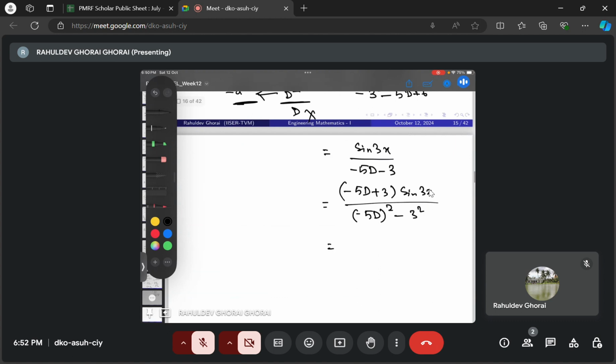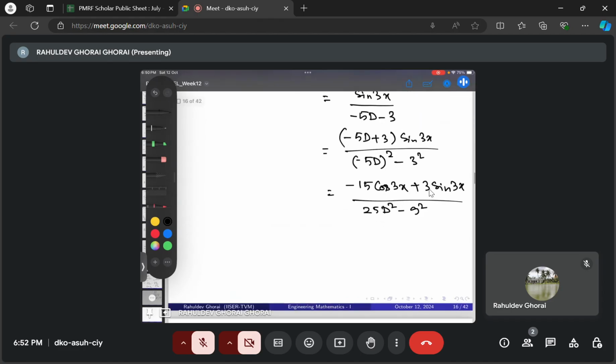So that above will be minus 15 cos 3x plus 3 sine 3x. For now you got 25d square minus 9 square, right? Now you know how to handle this.